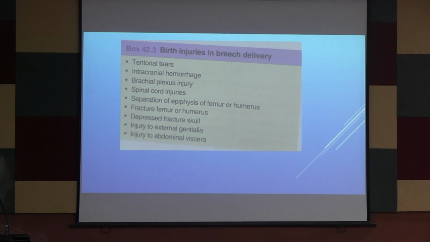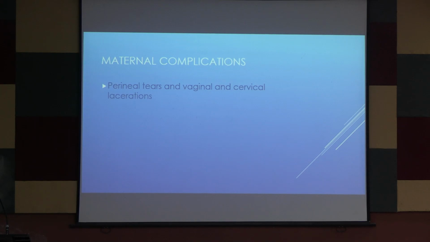Injury to the genitalia, scrotum, and during manipulation of breech delivery, there may be injury to the abdominal viscera. What are the maternal complications that can occur? Maternal complication due to tear: perineal tear, vaginal tear, cervical tear, cervical laceration can occur. This is the maternal complication.